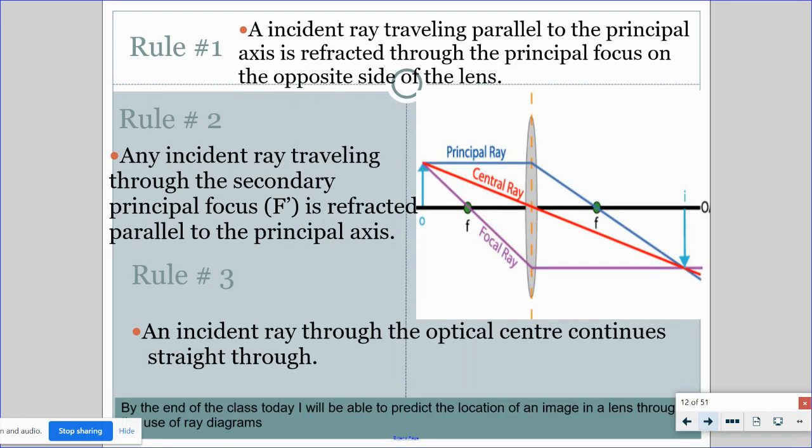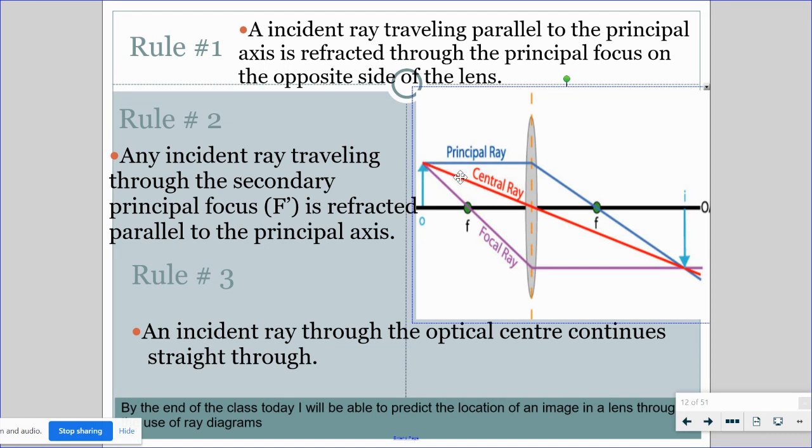So our three rules are pretty much the same ones we've been doing. We just sort of modify the terminology a little bit. So the first is that when the incident ray comes in parallel to the principal axis, it will refract back into the principal focus. If the incident ray comes down through the secondary focal point, it will refract parallel to the principal axis.